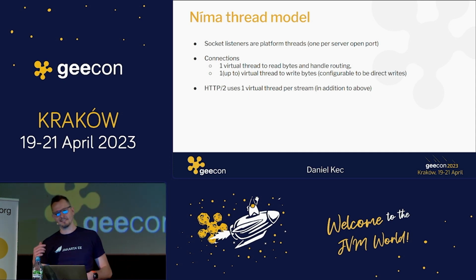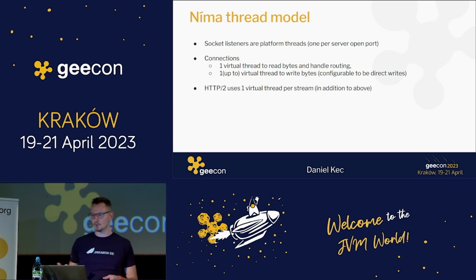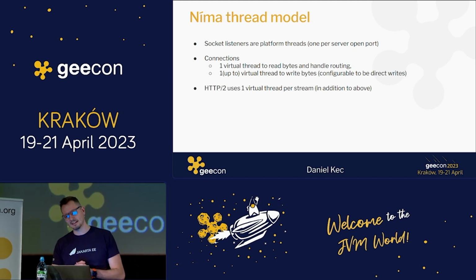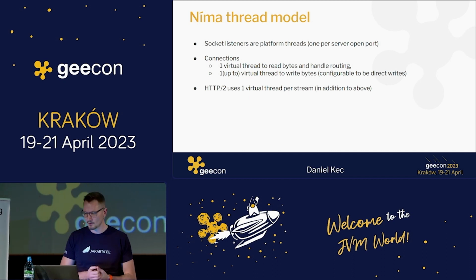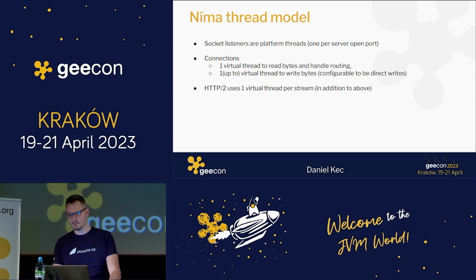So now we have physical threads which are actually listening on the sockets. Those are always one per opened port, and those spin up virtual threads, one or two per connection. So you have one for reading, and one for writing, whether you have direct writes enabled or not.